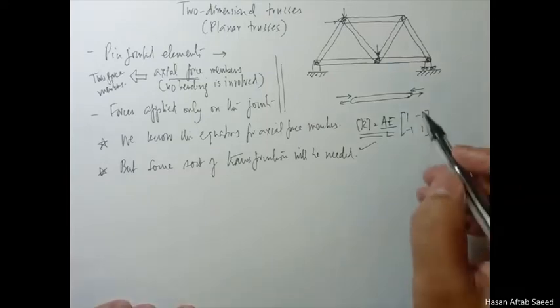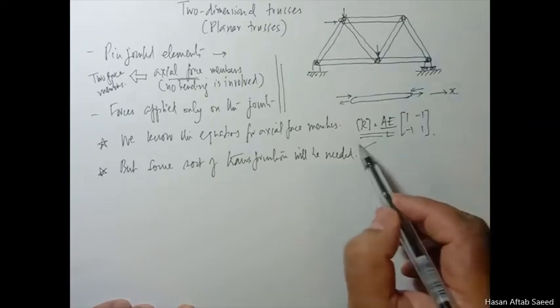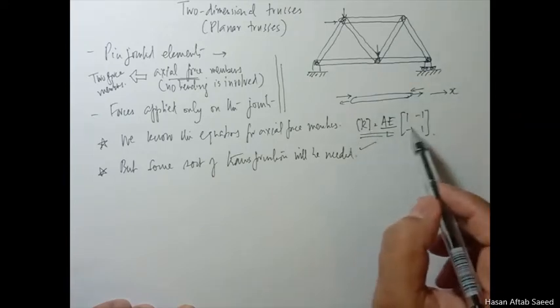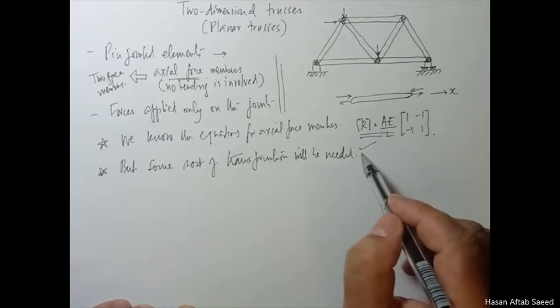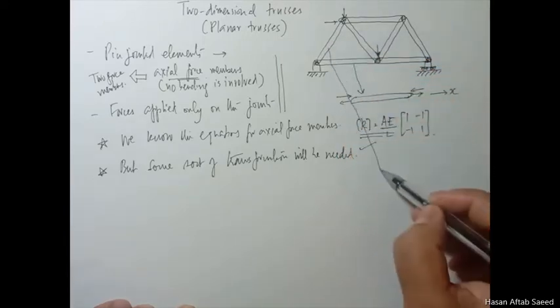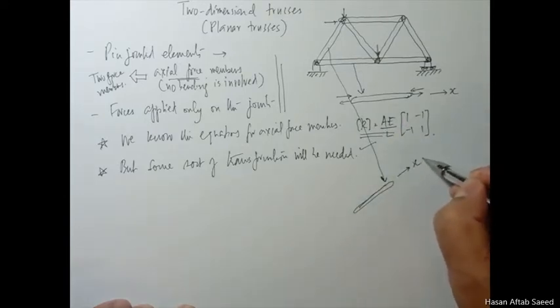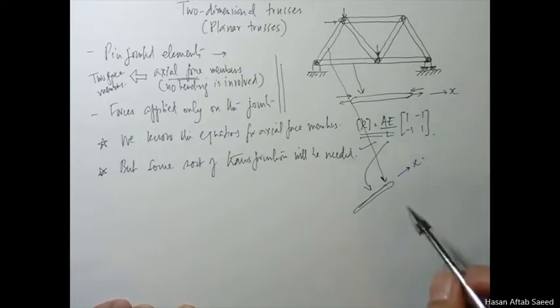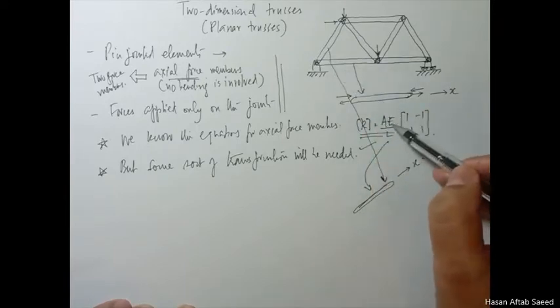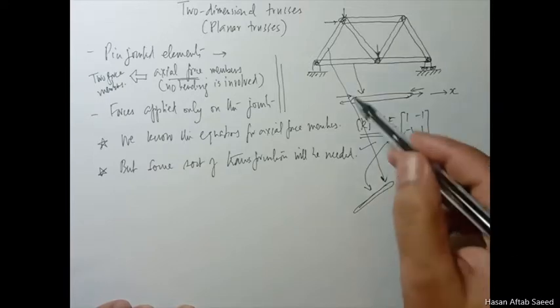If we take this as an x-axis, then this is a perfectly legitimate expression for the stiffness in this member. Similarly, if we take this member, this member is this one. If we take this member now, with this x-axis, the same applies here. Obviously, this may have different values for A, E, or L, but this expression is still valid.